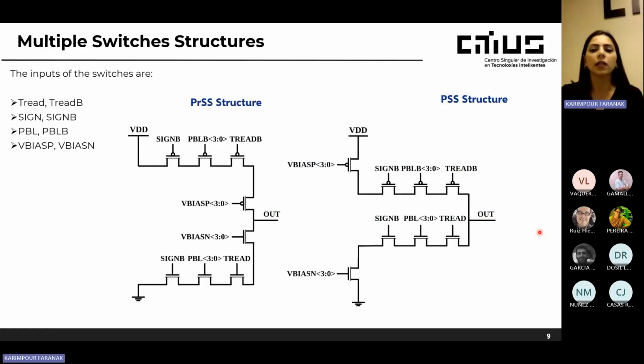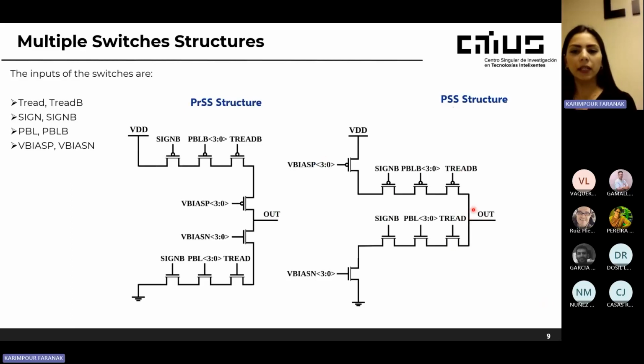In this study, we examine two 5-bit signed multipliers, the PRSS and PSS structures. The PRSS structure we design with a focus on minimizing the error voltage and also on performance.